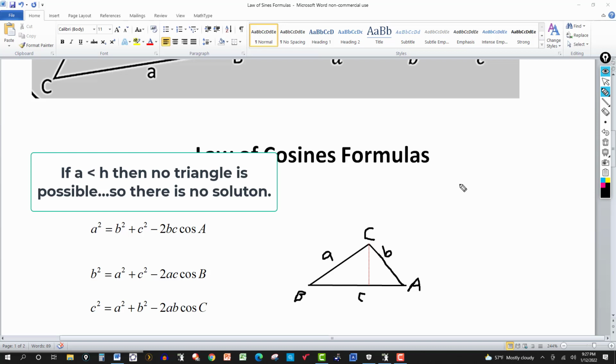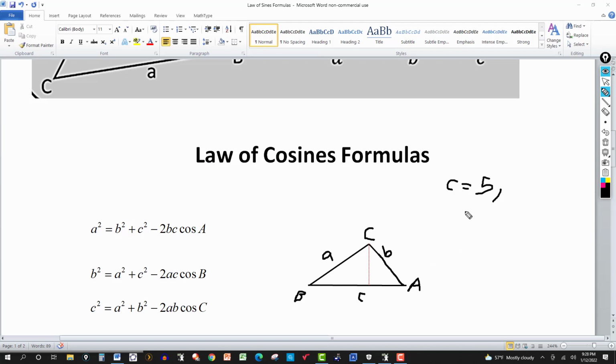So let's suppose we want to solve the triangle if side c is equal to 5. c is equal to 5, we know that's given. And then angle C is equal to 95 degrees.